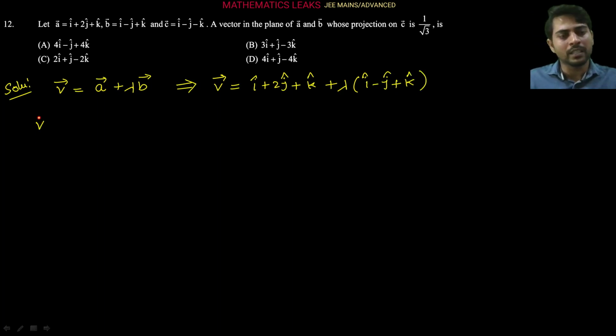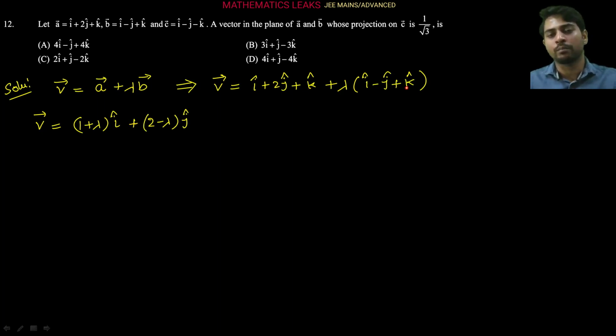On simplification we can write all the I, j, k components together: 1 plus lambda I cap, 2 minus lambda j cap, and similarly k component 1 plus lambda k cap.